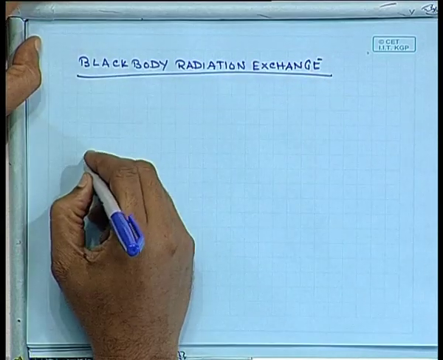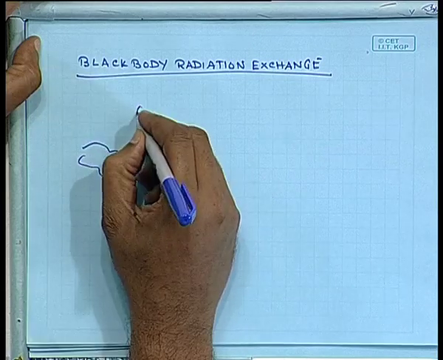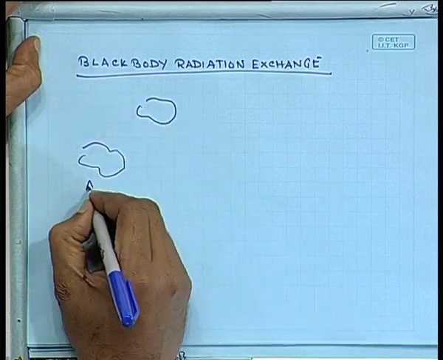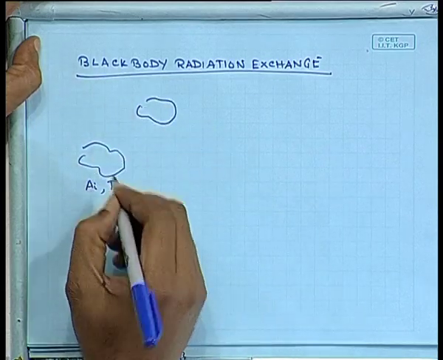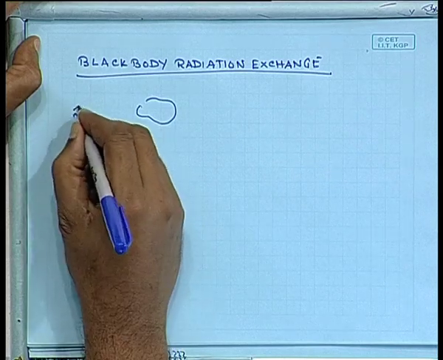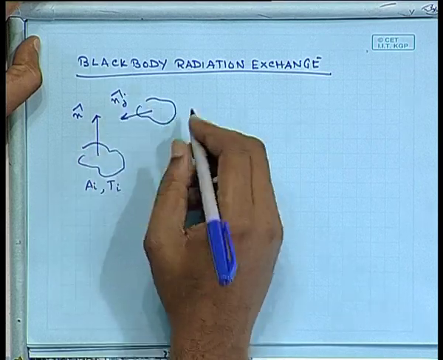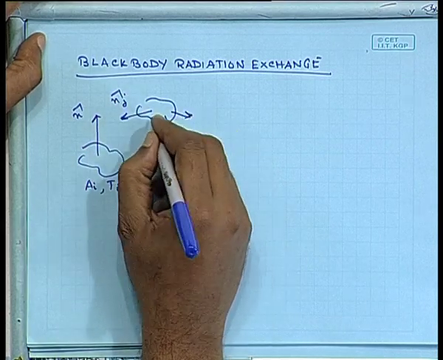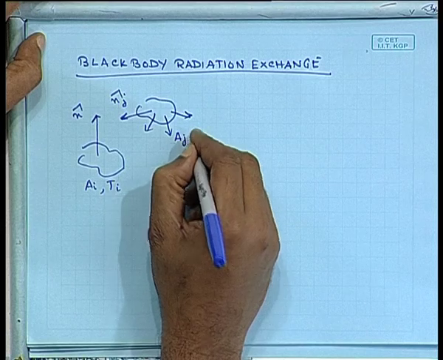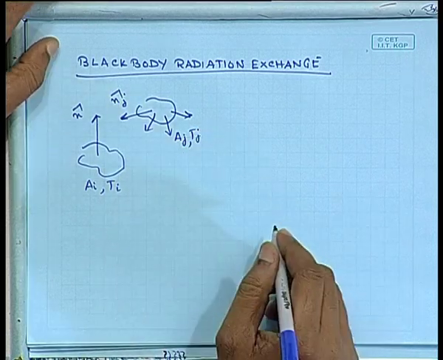Let us say we have two bodies, Ai, which is at a temperature of Ti, with the outward directed normal area vector, and this is the other area vector, and you have Aj, Tj, and so on.